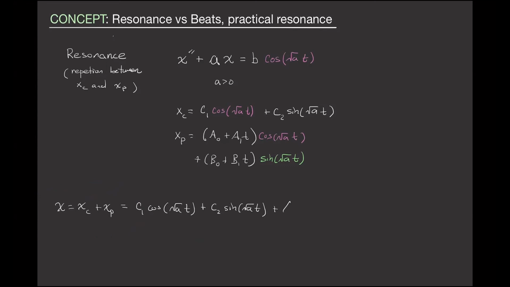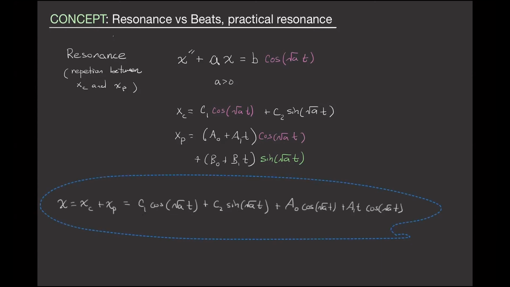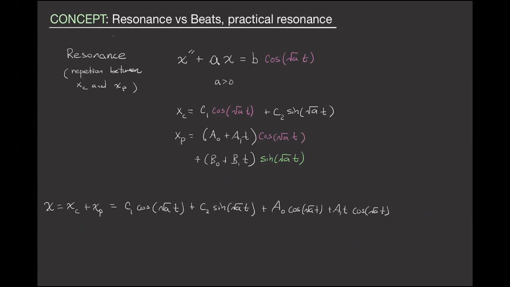Then you're going to have plus a naught cosine root at plus a1t cosine root at. Then we're going to have b naught sine root at plus b1t sine of root at.